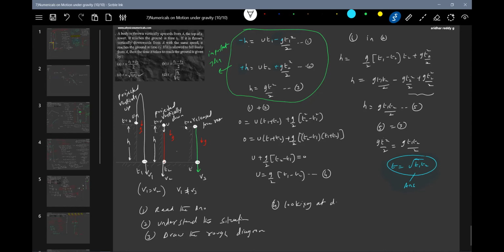Looking at the diagram, write equations. Then search for how known and unknown are related. Next, calculations.